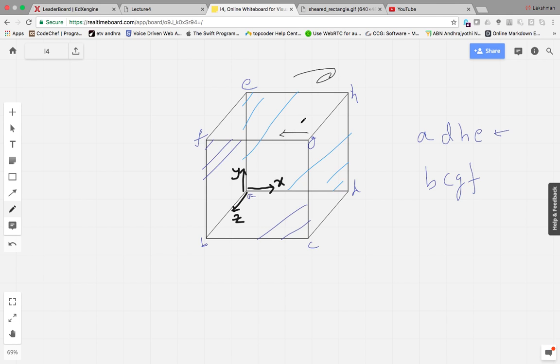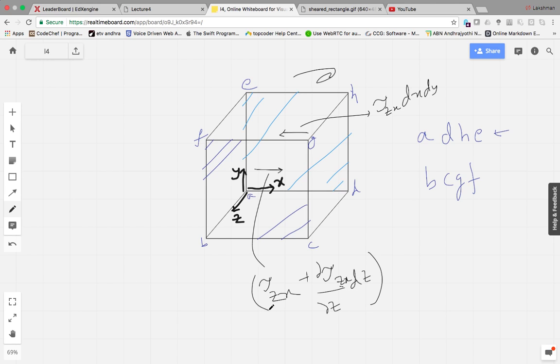So the value here is tau zx dx dy, and on the front plane the shear stress points to the right and its value will be tau zx plus the derivative from the Taylor series expansion, del tau zx by del z dz, times dx dy.